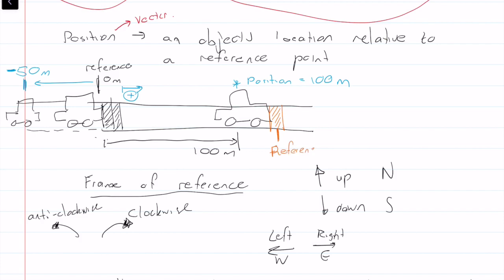Then what that means is that the car starts at, let's say, minus 100 meters. So you can choose any point as your reference and just keep it constant. If we chose the orange as our reference point, then the start position would be, let's say, minus 100 meters.